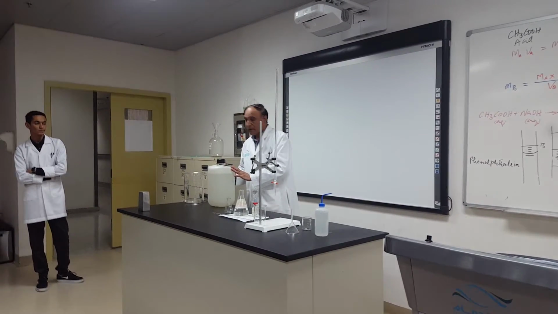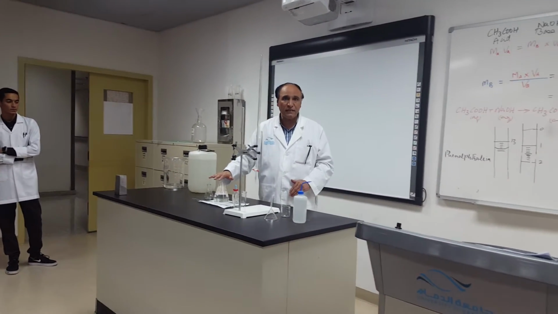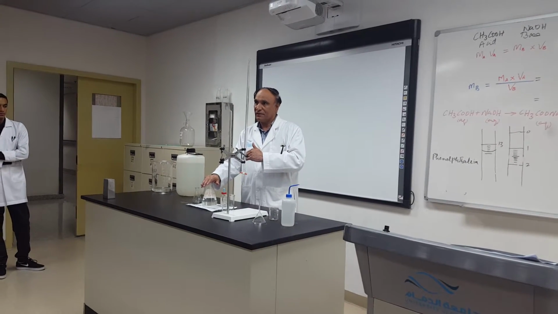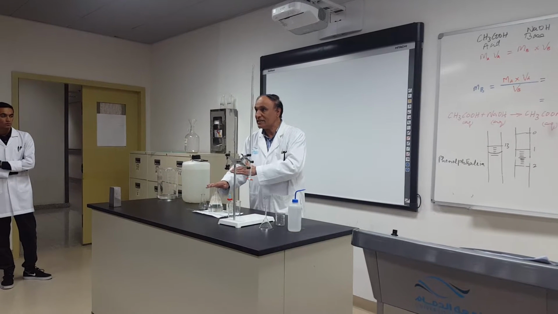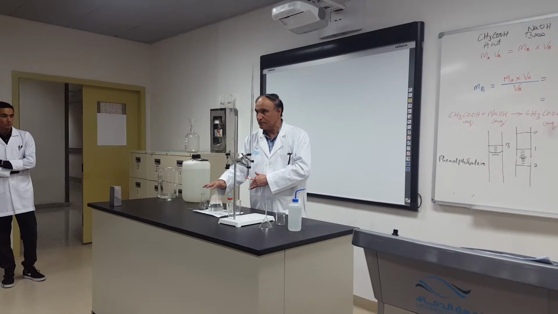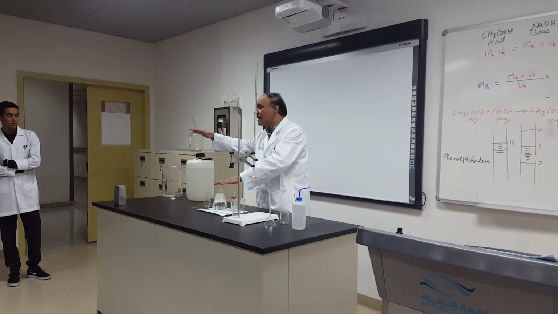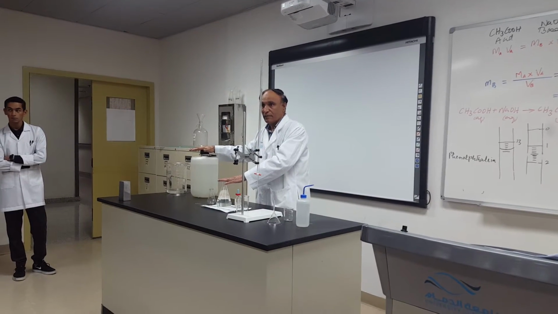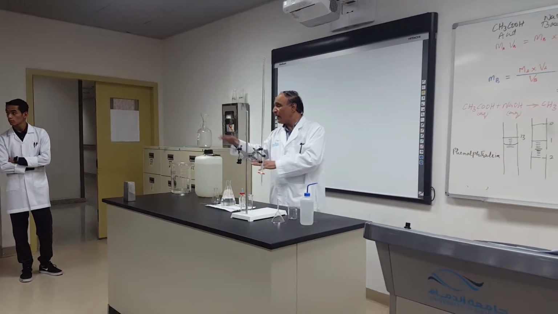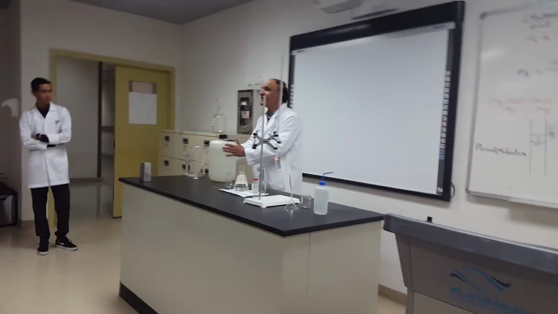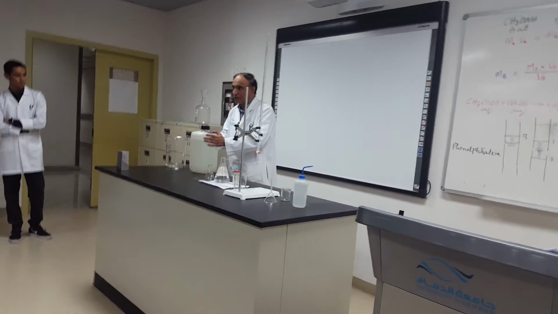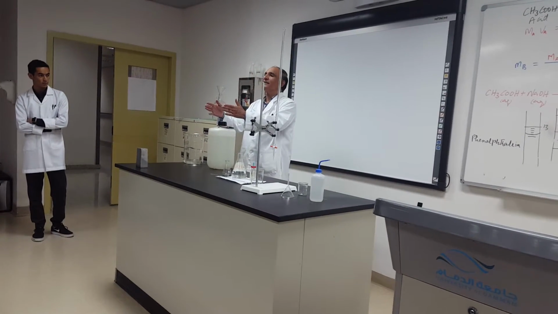Here is another solution of the acid, vinegar, acetic acid, and its concentration is known. This is maruf, and this is unknown. We can find out this one by doing the titration. What is the concentration of this one? We can find out. This is called standardization.